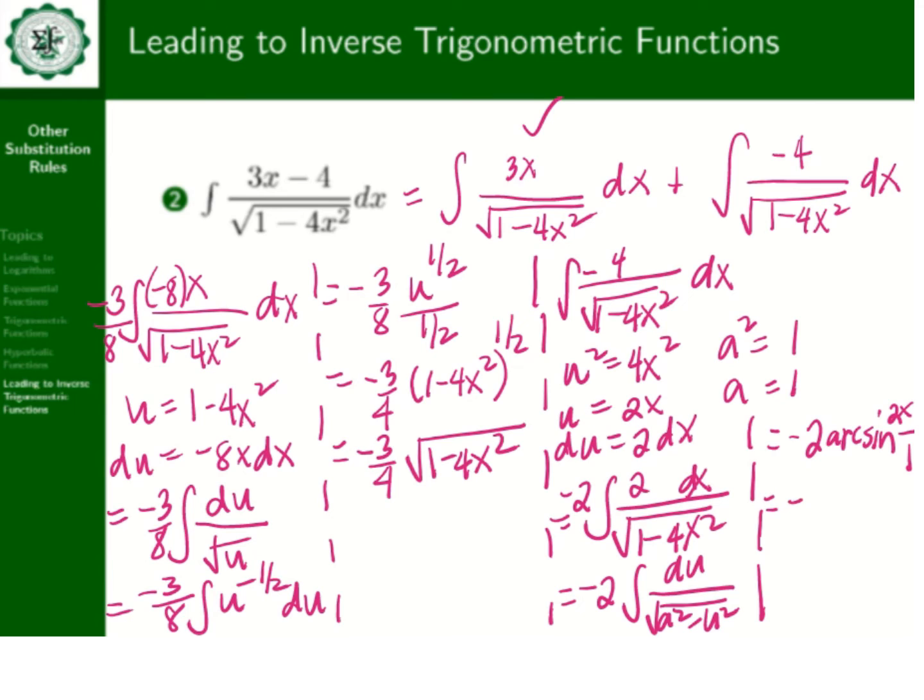And so this is negative 2 arc sine of 2x. We will now combine our answers to the first and the second term and then add a constant of integration. So the answer will be negative 3 over 4 square root of 1 minus 4x squared minus 2 arc sine of 2x, and then our constant of integration c.